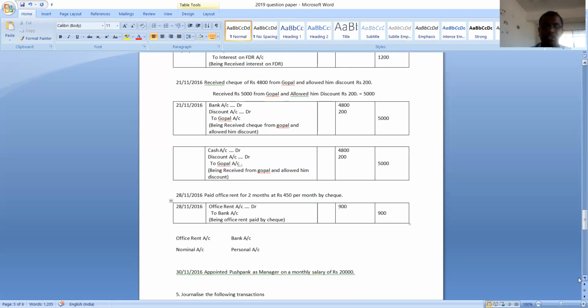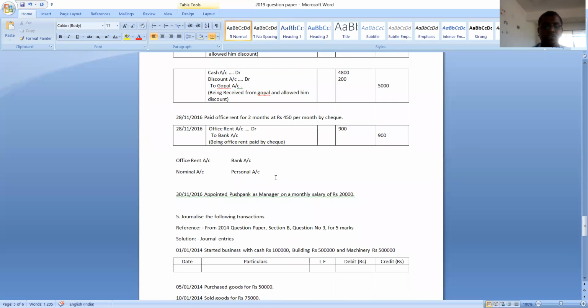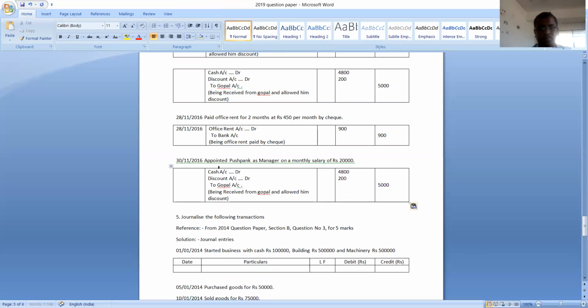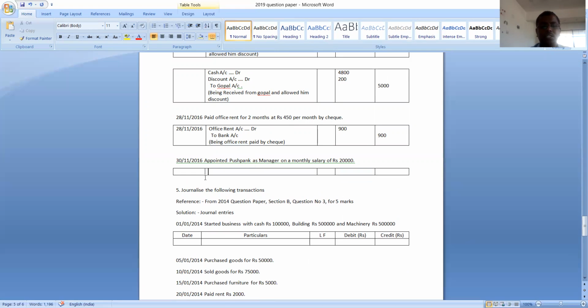Let us move to next transaction now. It is the last transaction from 2017 question paper. Yes, what is the transaction? Actually, first of all, the transaction is dated on 30th 11 2016.